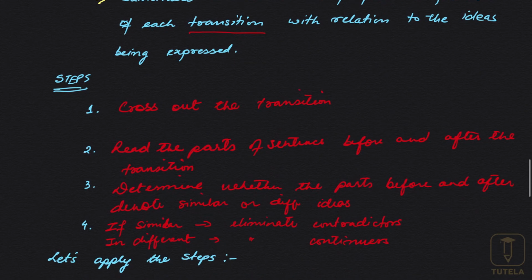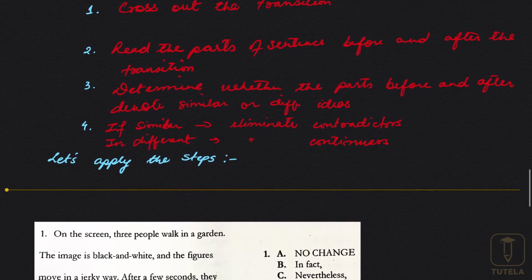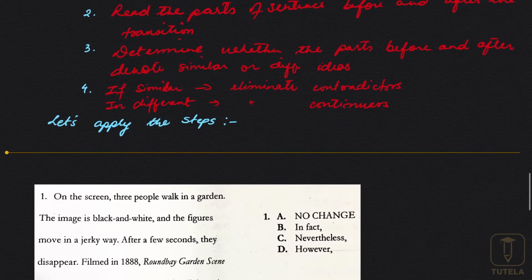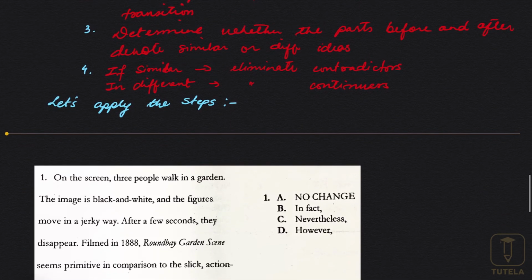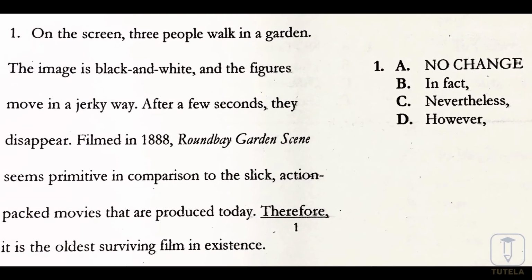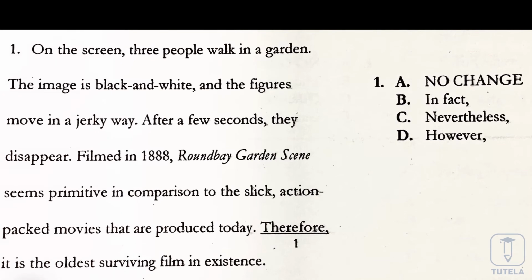Now let us apply the steps and work on a few questions here. Take a look at the first type of question that we have on paper. In this question, as you can see, we have the 4 answer choices given to us here. And we have a word underlined in the sentence.